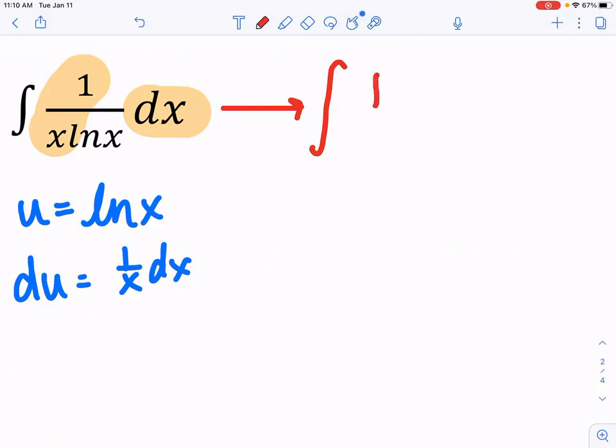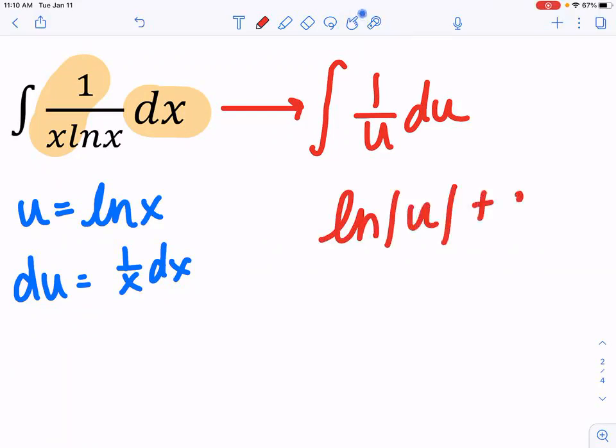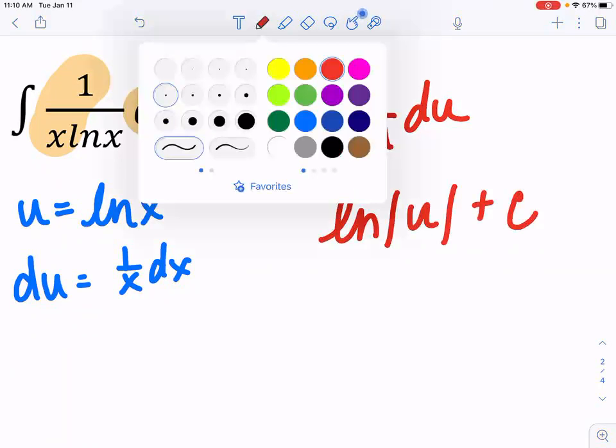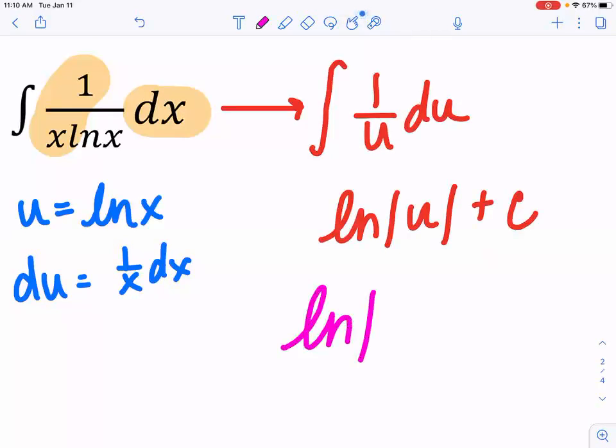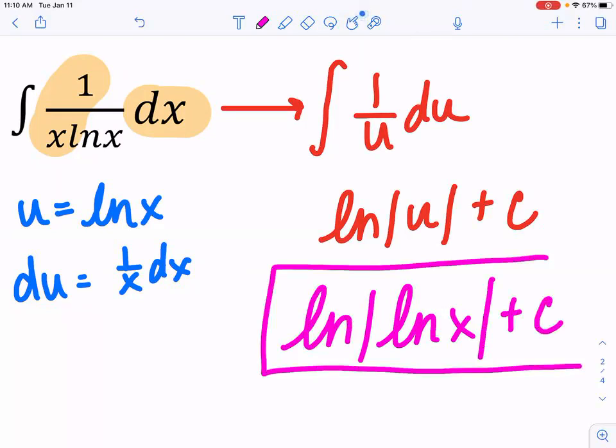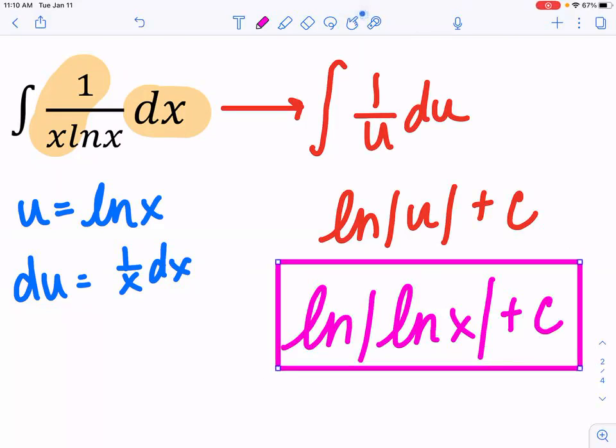Okay, so our integral becomes 1 over u du. This is going to be fun because we get the natural log of the absolute value of u plus c. But what is u? We have the natural log of the absolute value of the natural log of x plus c. Isn't that fun? Doesn't the x have to be in absolute values?